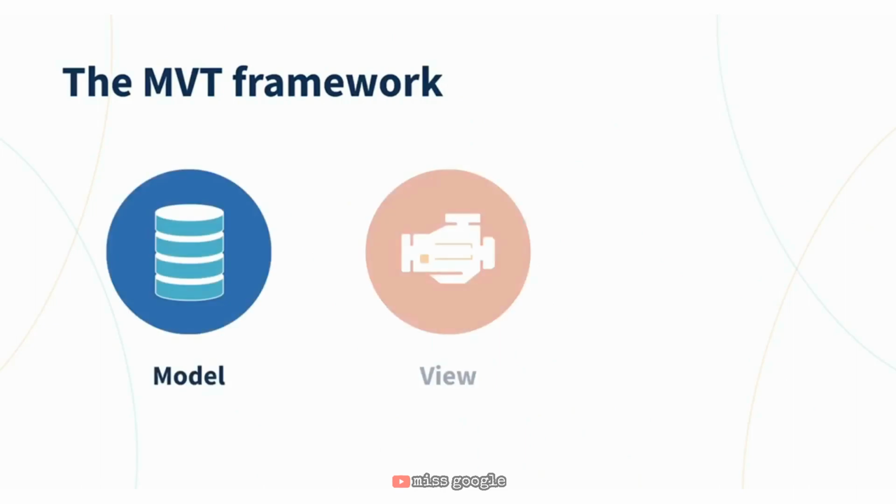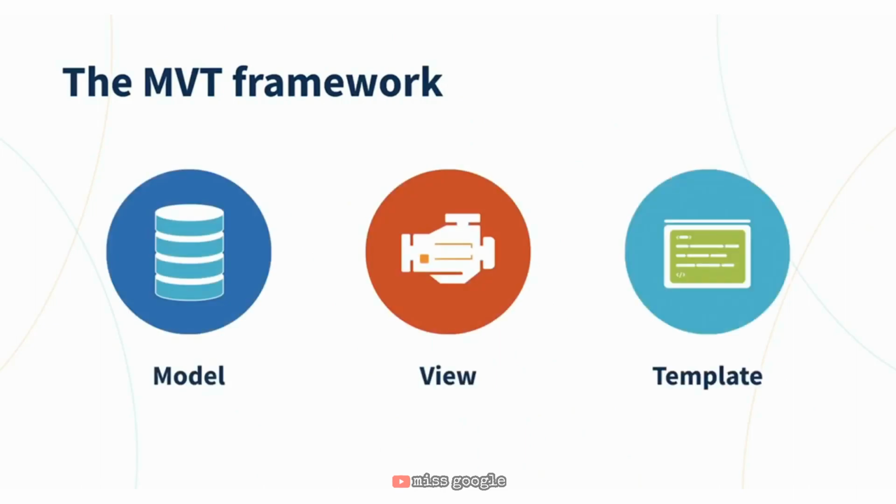Django uses a common pattern for structuring its projects called the Model View Template framework, or MVT. Views are responsible for handling requests and responses. In this video, you have learned that views can be as simple as functions and can respond with something as simple as pure text.